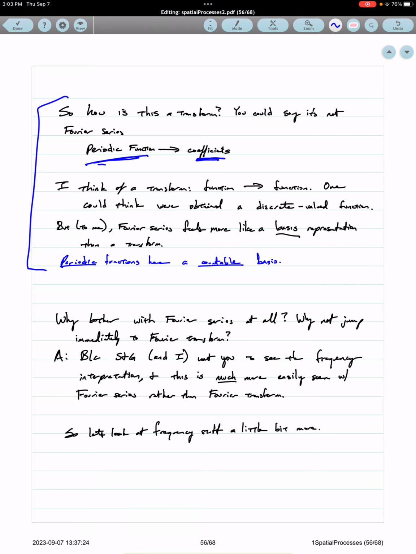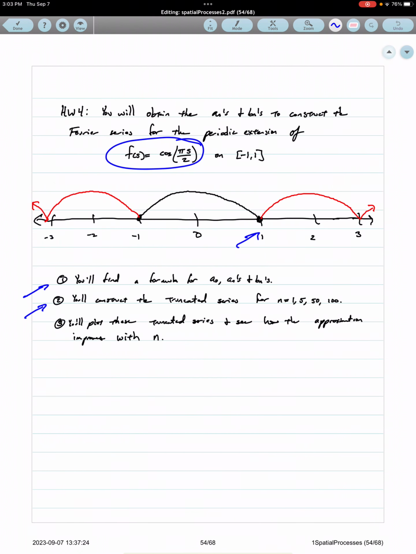It may not feel like a transform because it's not going function to function. It may feel more like a basis representation. What we can do with a periodic function is we can represent that function through a countable basis of sine and cosine waves, and that's what's happening here.